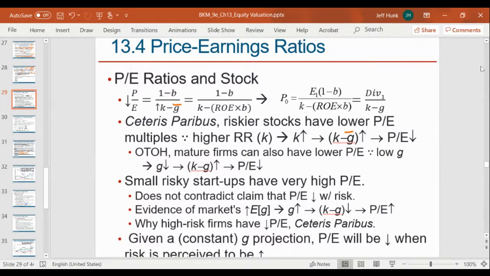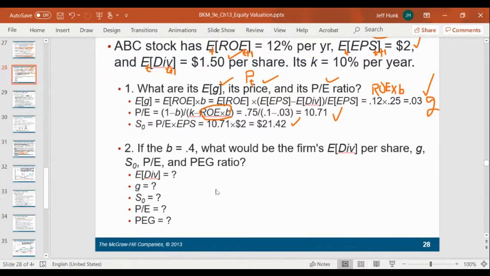If both K goes up and G goes up, what's going to happen to K minus G?